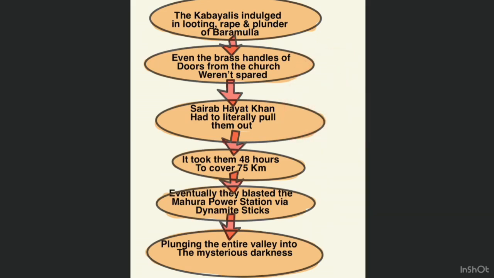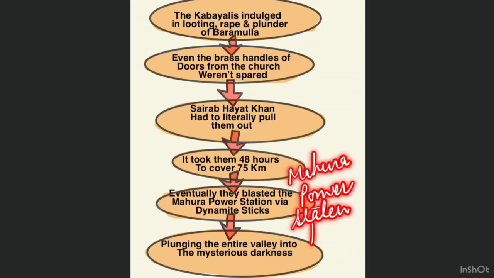This again, combined with the contribution of Makbul Sherwani, gave the Indian army critical breathing space to reach Srinagar city. Eventually, when they reached further, they reached the Mahura power station, where they bombed it.